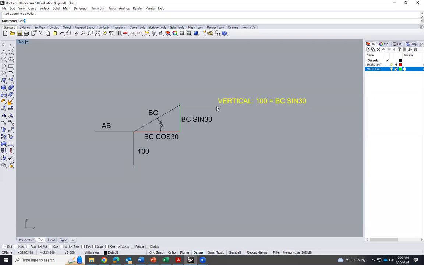What's the horizontal equation? So horizontal, what goes leftwards is AB.